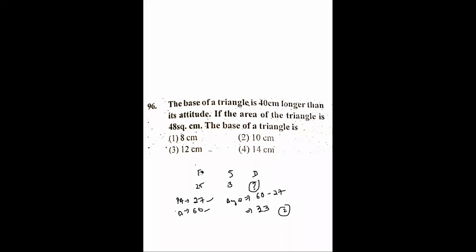In the next question, the base of the triangle is 40 centimeter longer than its altitude. If the area of the triangle is 48 square centimeter, the base of the triangle is... First we will apply the formula for area of a triangle.